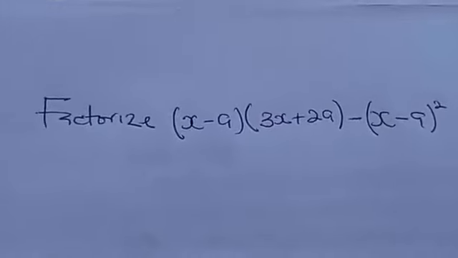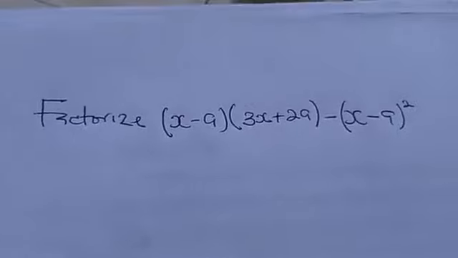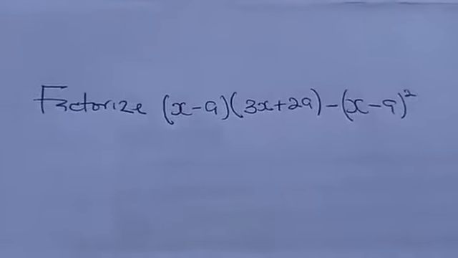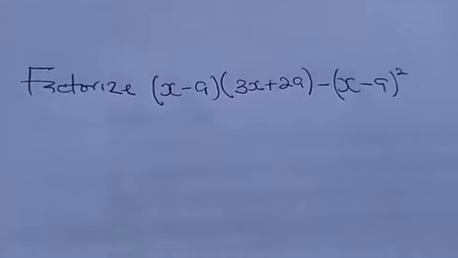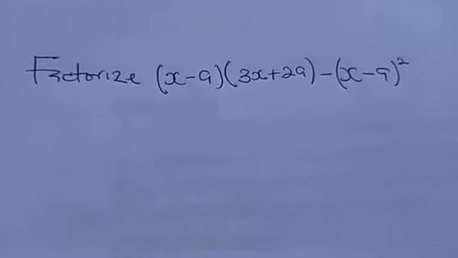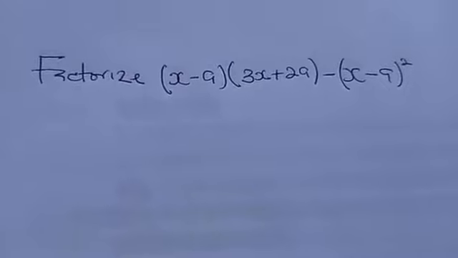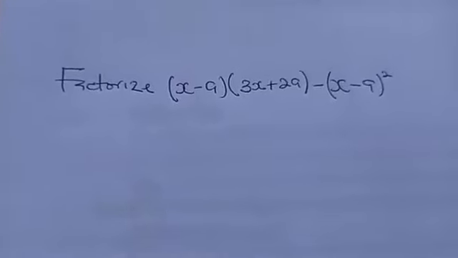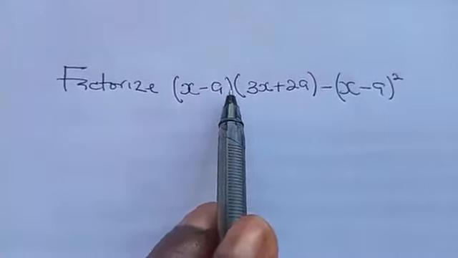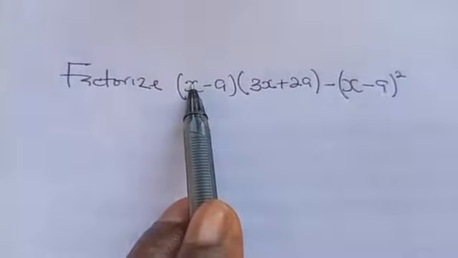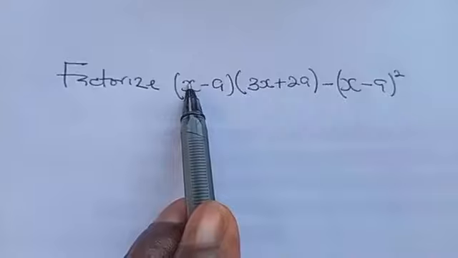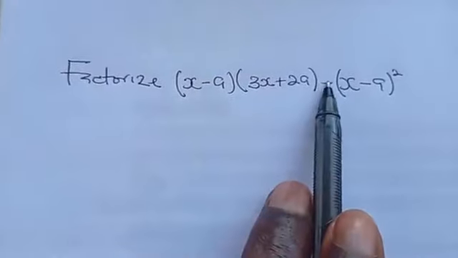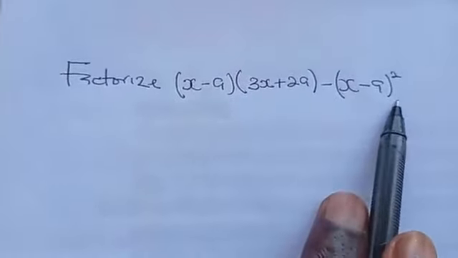So this is an algebraic expression in which we will be using the factorization method. If you look at the algebraic expression here, we have x minus a on this side of the subtraction, and then we have x minus a on this side.